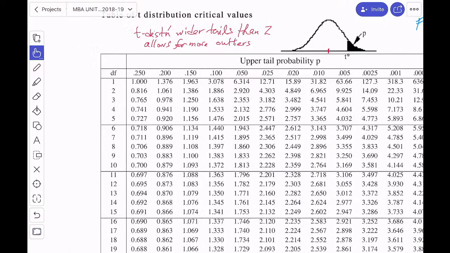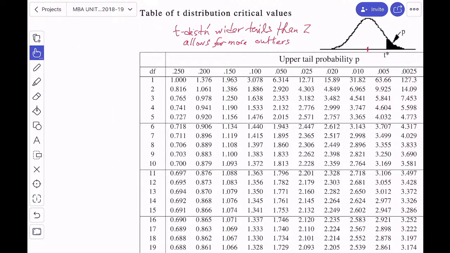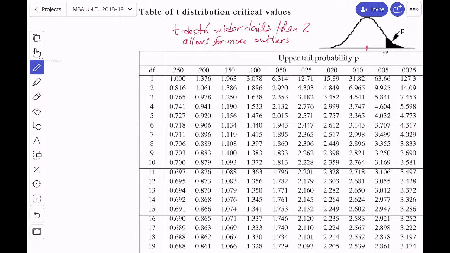So I would say this is like a T1. It's going to be a little bit more flat. And then T10 is a little more peaked. I'm exaggerating.